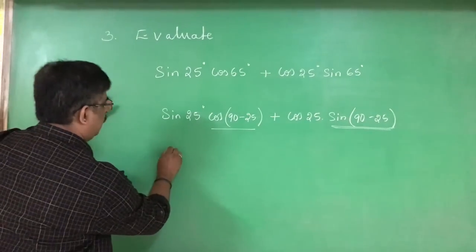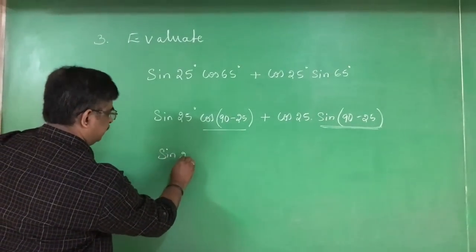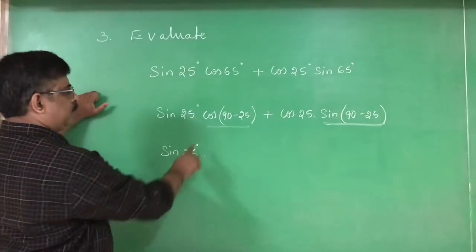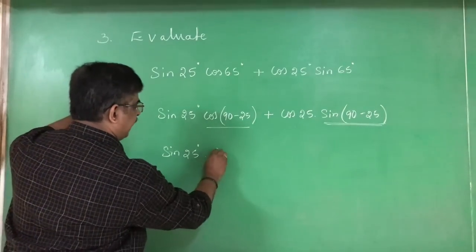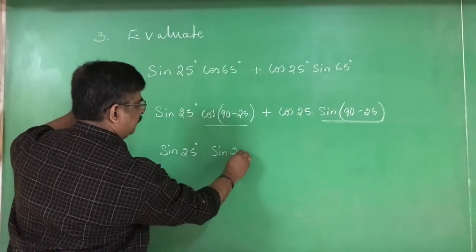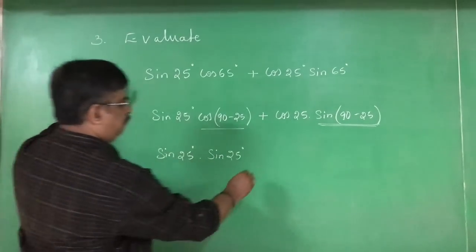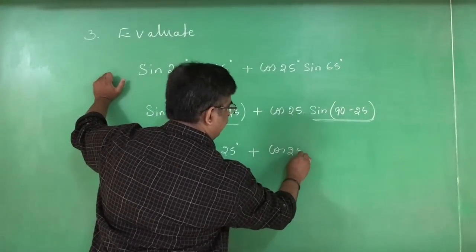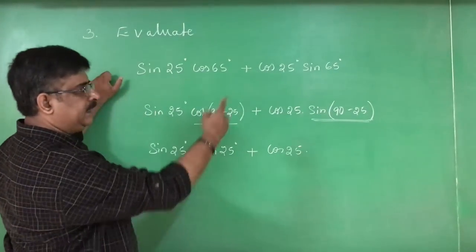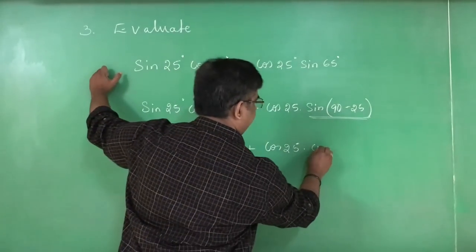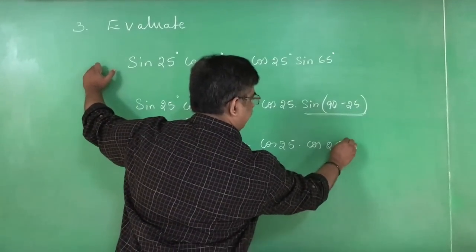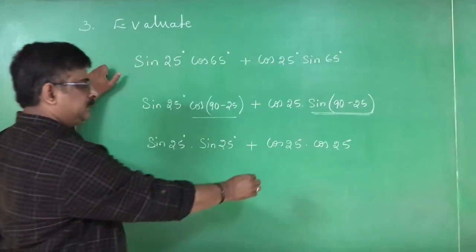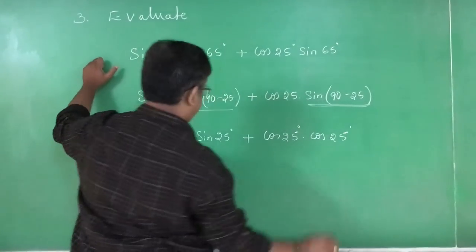Now it becomes what? Sin 25 as it is. Cos 90 minus 25 is sin 25, plus cos 25 as it is into sin 90 minus 25 is cos 25. All of them are angles in degrees.